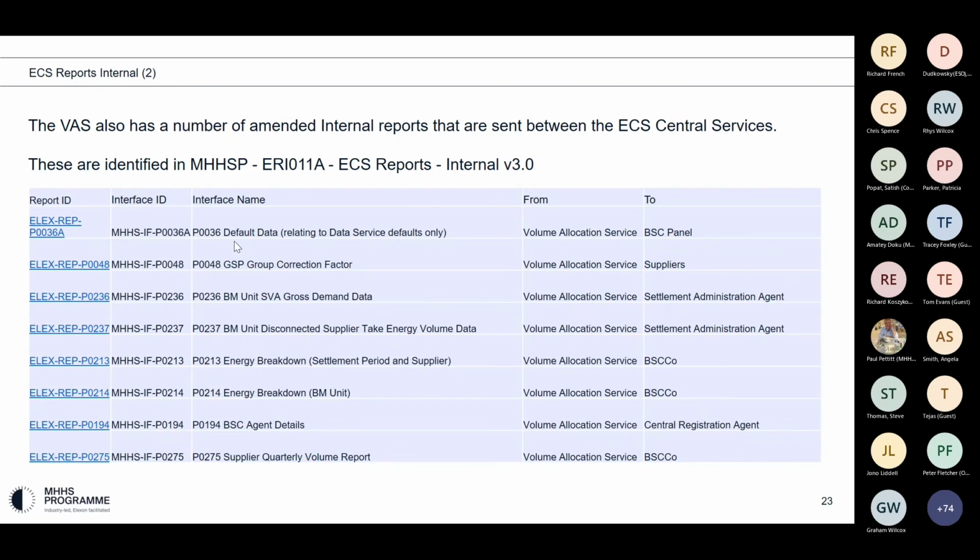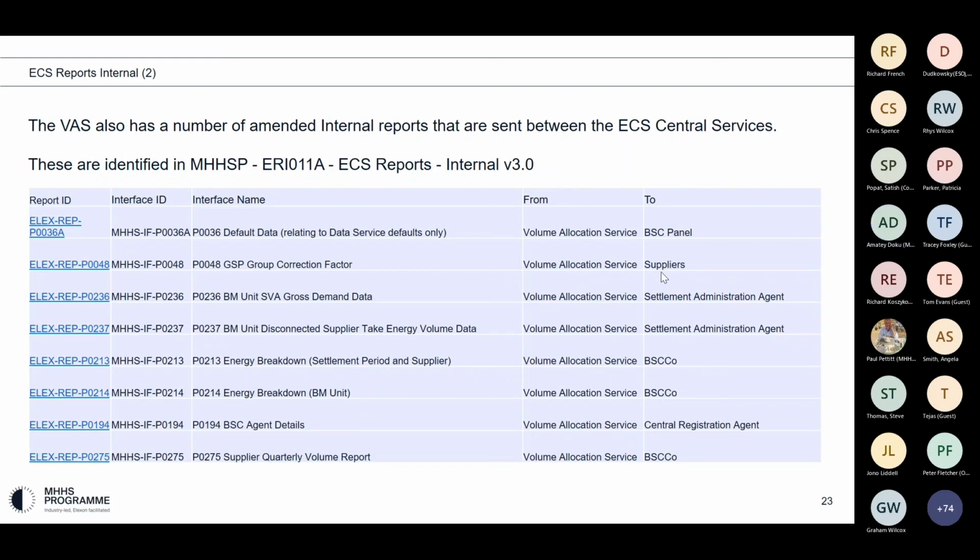Yeah, let me just have a look at that. What is that one? I'll take that away. If that's not currently received by suppliers on the P48, I'll just check that out.